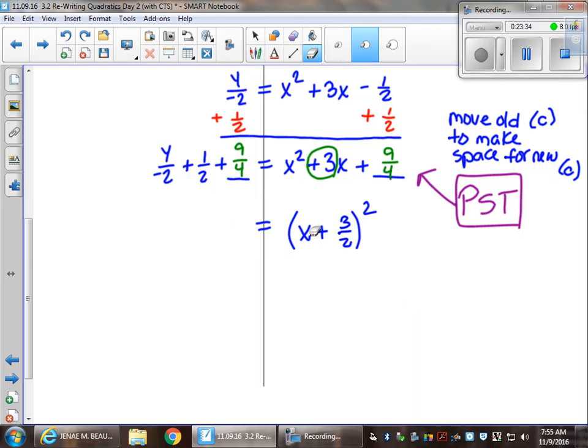Now, we're all set. We just factored, which is great. But what about what's on this left side? We do, but I mean, how are we going to handle this 1/2 plus 9/4? Combining like terms. These are fractions that we can combine. To do that, though, we're going to need common denominators.